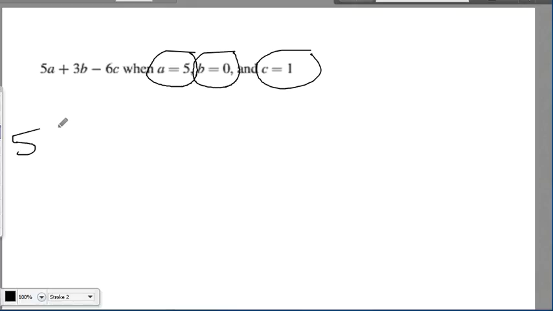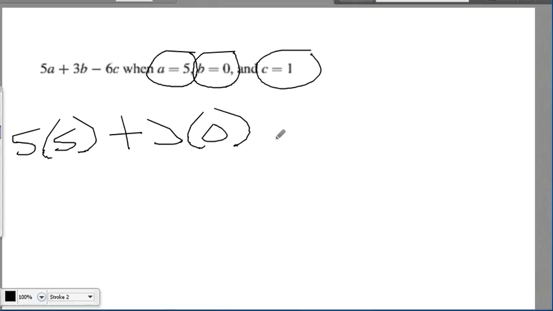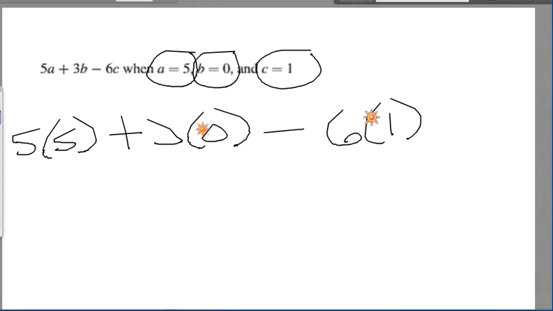We have 5 times, instead of the a, we let that be 5, plus 3 times, instead of the b, we let that be 0, minus 6 times, instead of the c, we let that be 1. Now remember, when we follow order of operations, we have to do all 3 of these multiplications before we do the addition and subtraction.